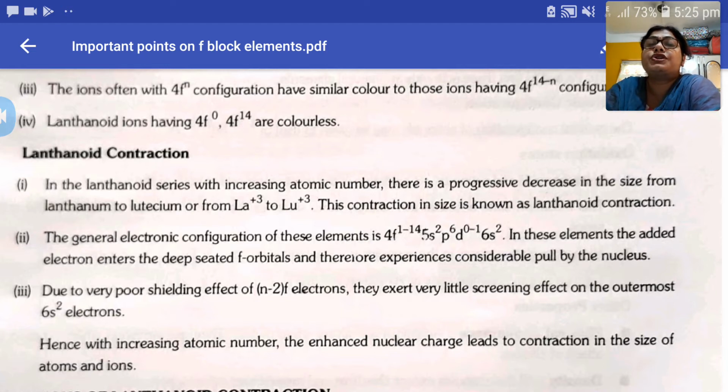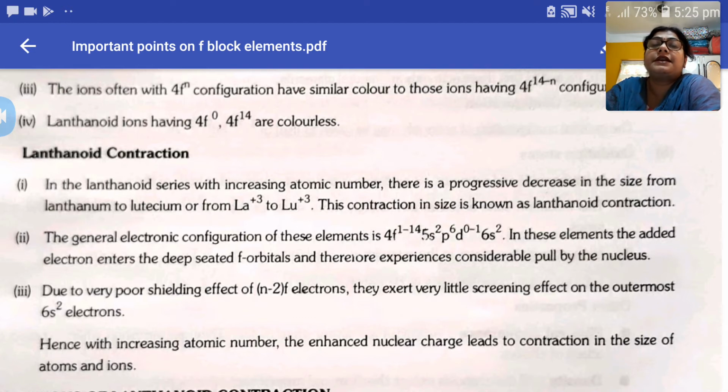Due to very poor shielding of (n-2)f electrons, they exert a very little screening effect on the outermost 6s2 electrons. So due to this poor shielding effect of the (n-2)f electrons, the screening effect will be very less on the outermost 6s2 electron.